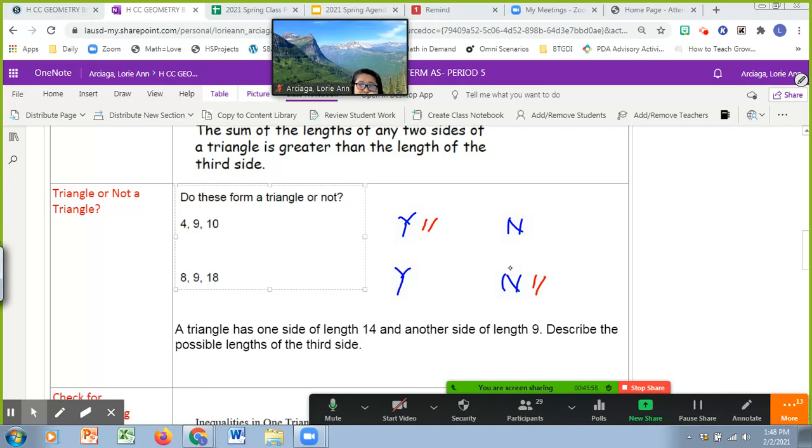Could you please show an example on how to do this? I will. Just make a guess for now though. You can be wrong if you guess. So you're guessing yes for both? Just guess right now, just look at the numbers.